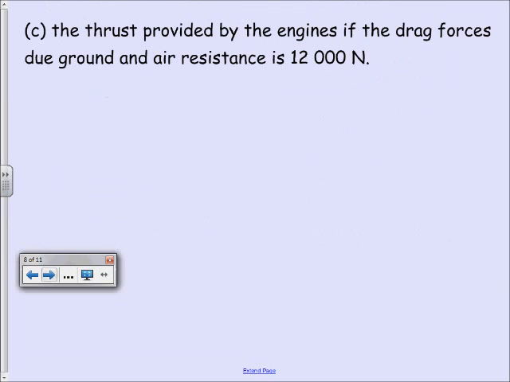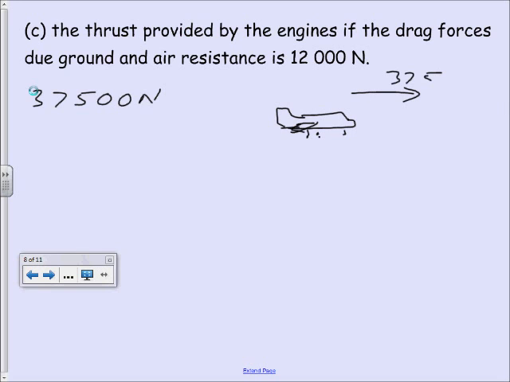All right. Final part of the question. I'll just remember that 37,500 newtons as being the resultant force. If you've got your aircraft traveling forwards on the runway, if we put some wheels on it, we need a resultant force of 37,500 newtons. That's what we've got to get overall, but what we're being told is that there is a force opposing the motion of total of 12,000 newtons.